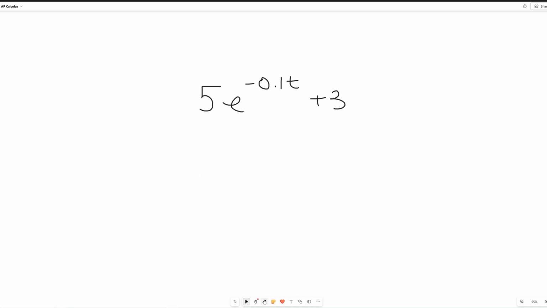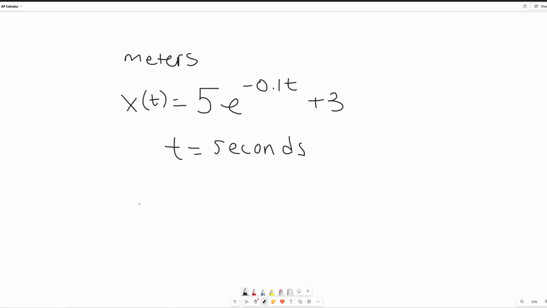So how do we connect what we know before to this function? Now, we're going to say t is in seconds. This would be a very, very weird runner. But t is going to be in seconds, and then x of t is going to be meters.